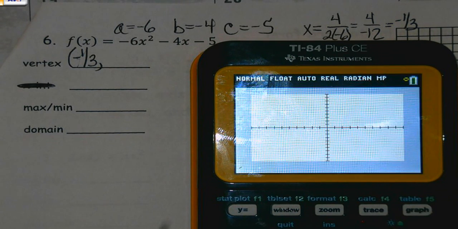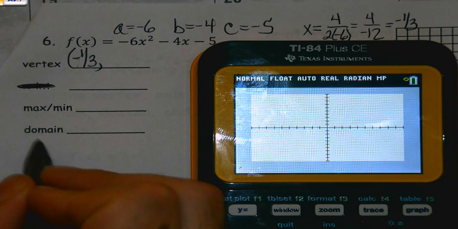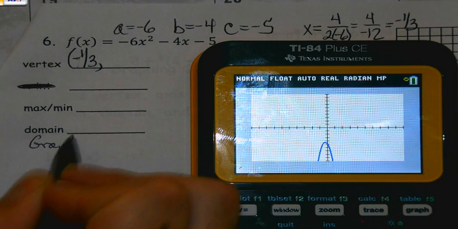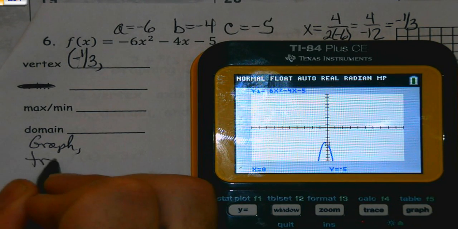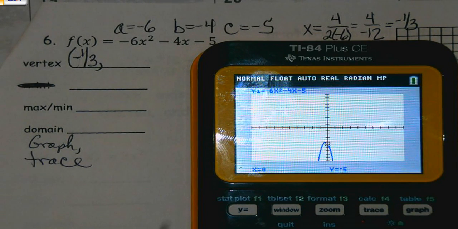We're going to hit graph. We're going to look at the picture. Then we're going to hit trace, which gives me the option of plugging any x value I want in to find a y value for. So I can plug this in as a fraction or a decimal. It doesn't matter.